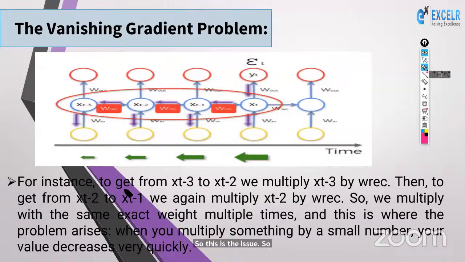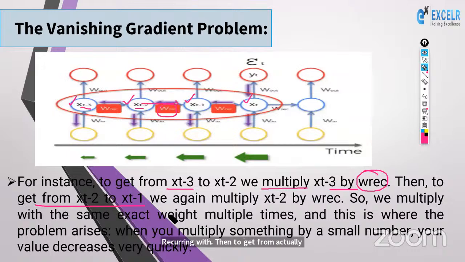So for instance, let's say here we have xt minus 3, xt minus 2, xt minus 1, and xt. To get the output from xt minus 3 to xt minus 2, you need to multiply it with the recurring weight. Then to get from xt minus 2 to xt minus 1, again you need to multiply by the recurring weight.